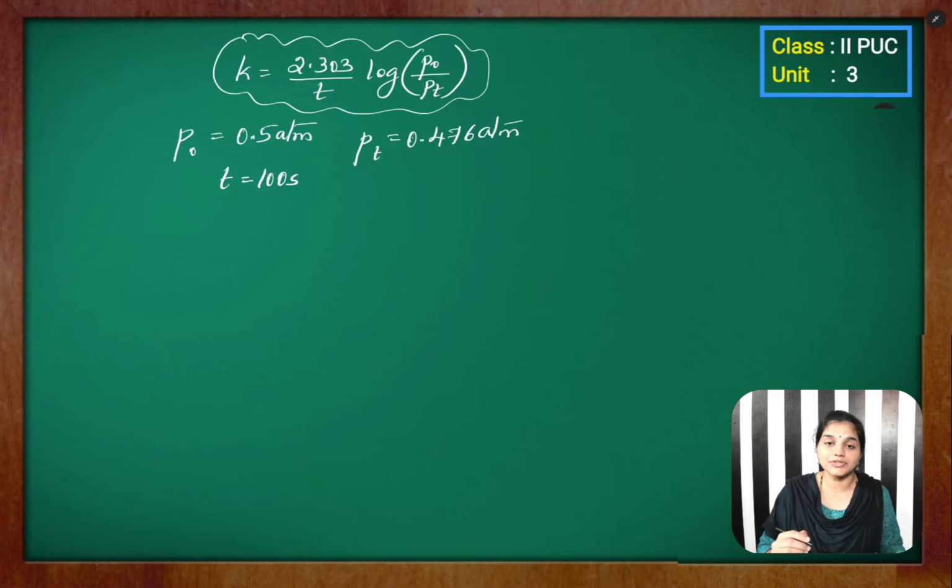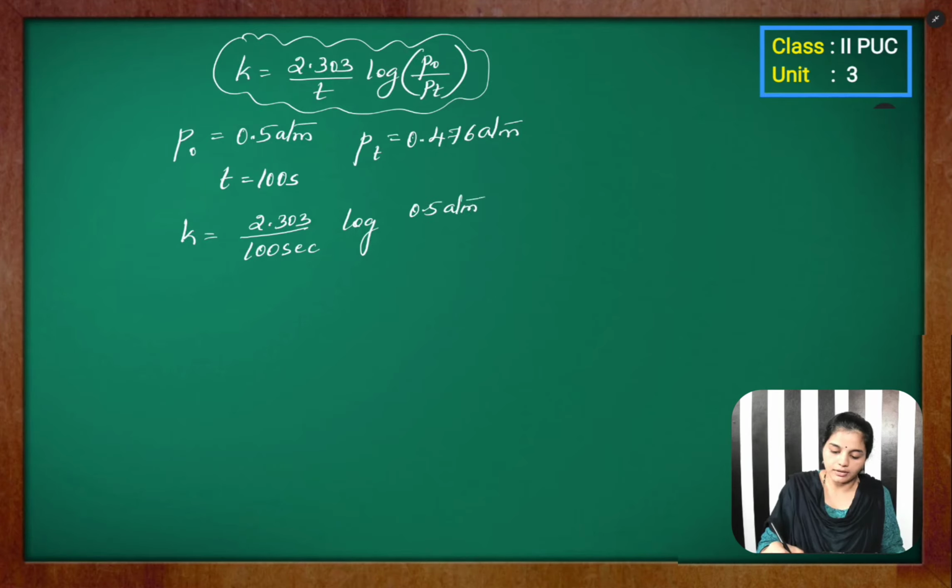The initial pressure of reactant is 0.5 atmosphere, and at a time interval of 100 seconds we have calculated the pressure as 0.476 atmosphere. So K is 2.303 divided by 100 seconds into log of 0.5 atmosphere divided by 0.476 atmosphere. The units of pressure get cancelled with one another.